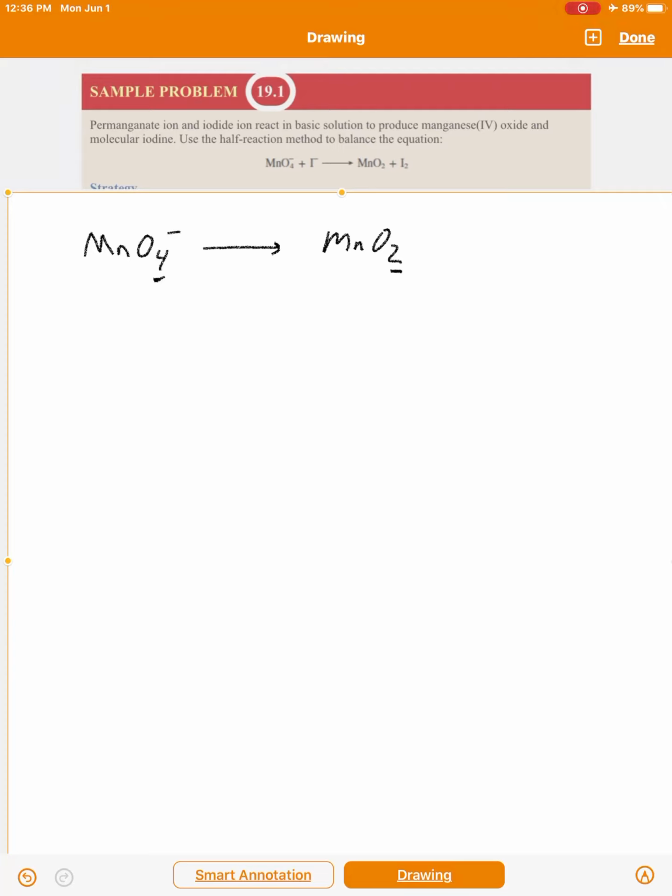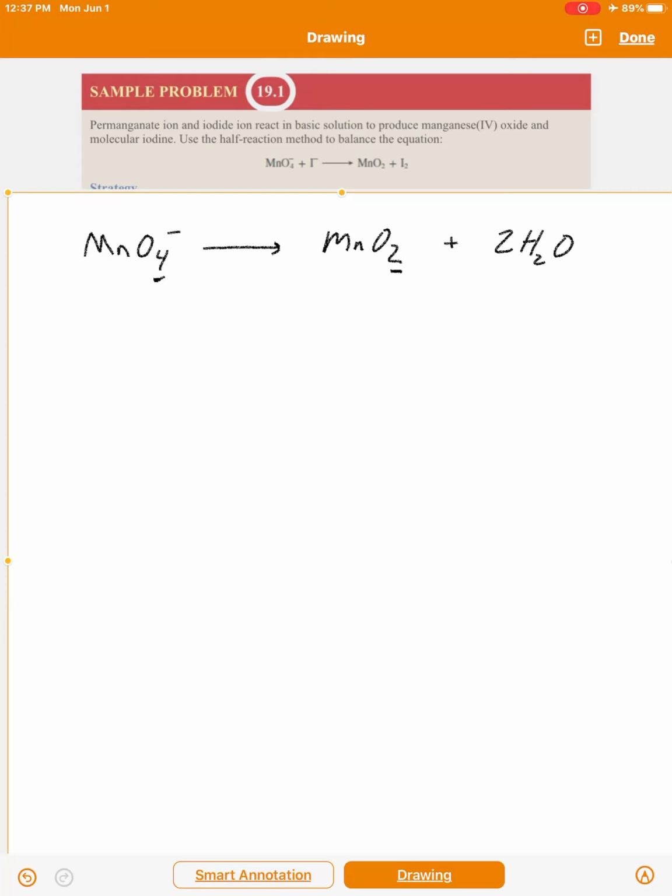So we add water to the side that has fewer oxygens. Not oxygen, we add water. This is a reaction that is occurring in an aqueous solution, so for that reason, we're going to use water. So 2 waters will balance the oxygens.